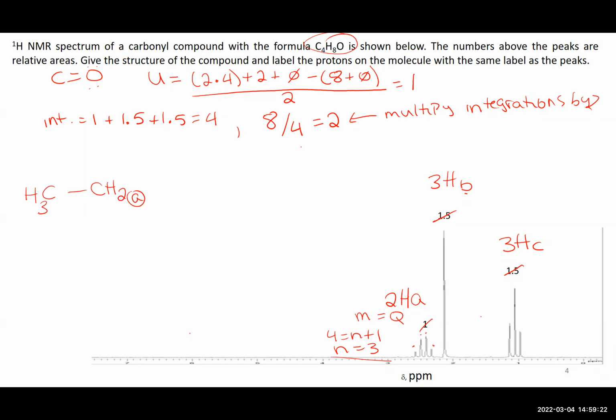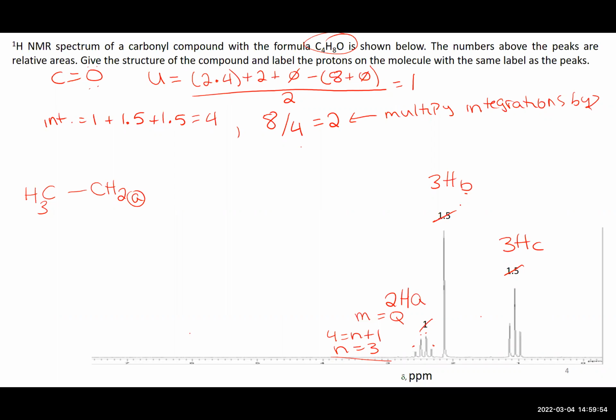It could technically be a CH2 next to a CH and another CH2, but the NMR has to be redundant. There are not that many peaks here, there are only 3 peaks. So proposing 2 other different environments around that CH2, it's not really a good way to go. Propose simple structures and then try to corroborate them with other peaks. And if you can't, then propose more complex structures.